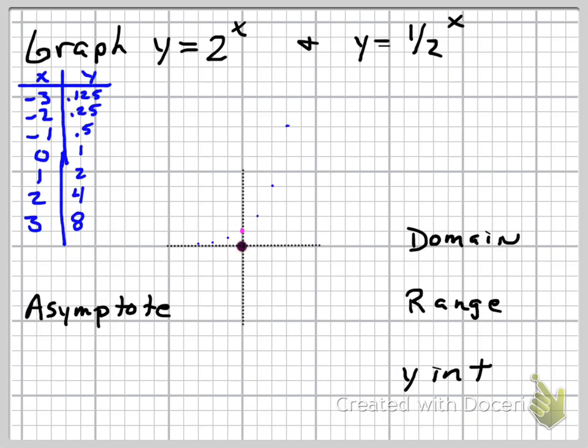Couple features of the curve. It gets out of there quick. Once it goes, it goes. It's growth. It is growing exponentially. On the flat side, it is going to get closer and closer to that x-axis, but it never touches it.